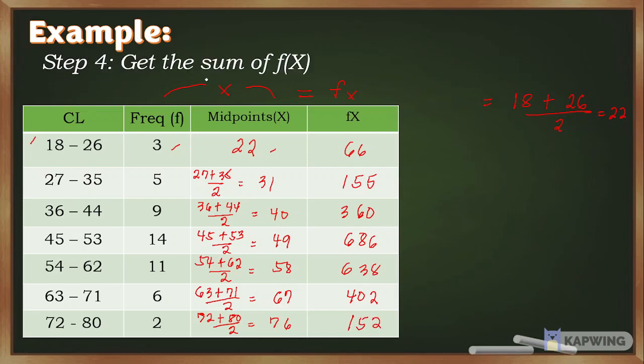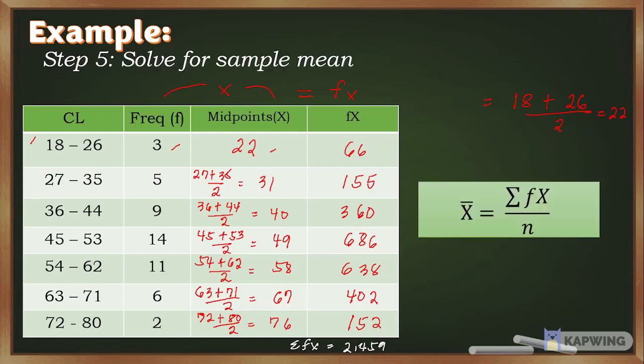For step number 4, get the sum of fx. We just add all the answers we got for fx, and our summation of fx is equal to 2,459. Now that we have the summation of fx, we can compute for the sample mean by substituting the value we got into our formula. The summation of fx is 2,459 divided by our n, which is 50.